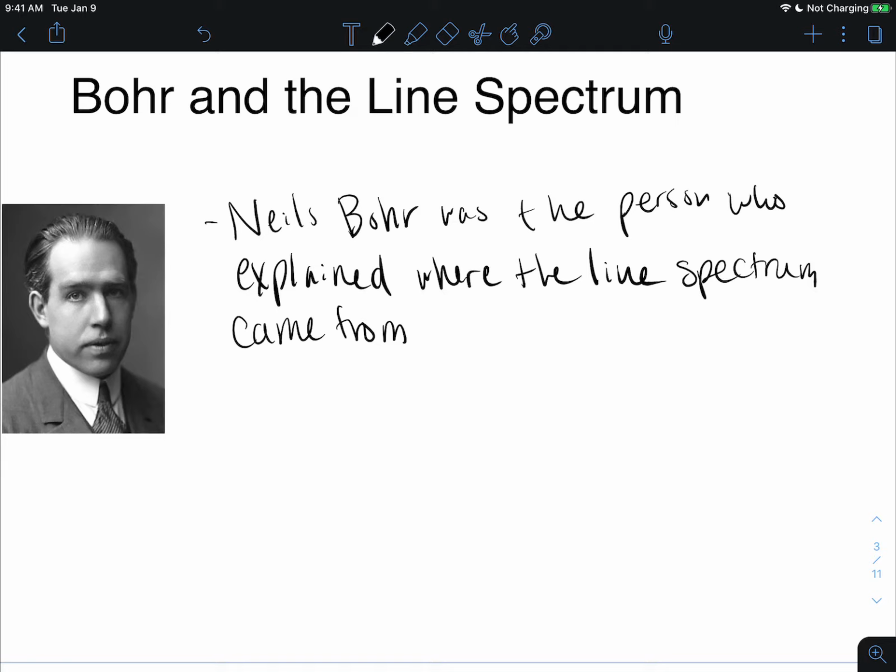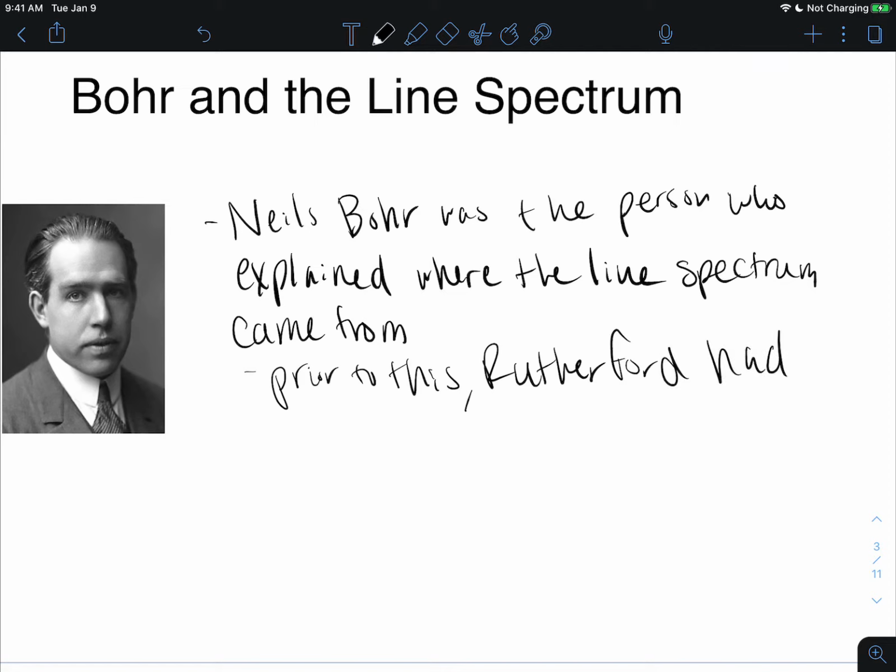Okay, so prior to what I'm about to explain, let's think about what was occurring. So we had Rutherford, and he had what's called the orbital description of an atom, where the electrons orbit the nucleus.